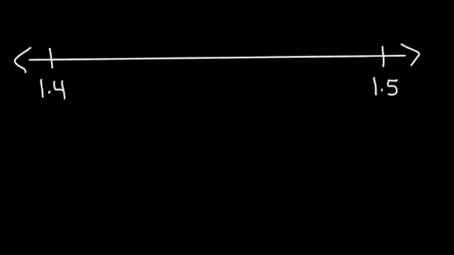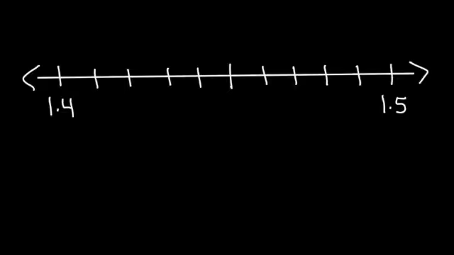All right, so now I've zoomed in between 1 and 4 tenths and 1 and 5 tenths. So in order to figure out how many hundredths I need to get to, I'm going to split this into 10 equal pieces as well.